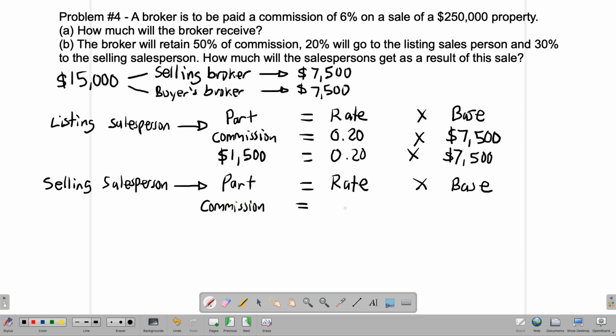In this case, the selling salesperson is going to receive a rate of 30%. And their broker also received their half, and that half would be 7,500. So we multiply 7,500 times 0.30. So the commission will be 2,250.